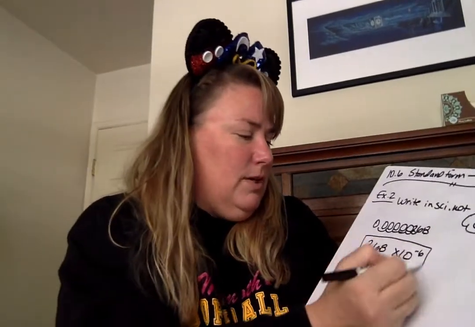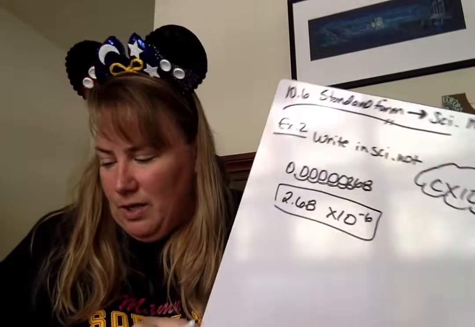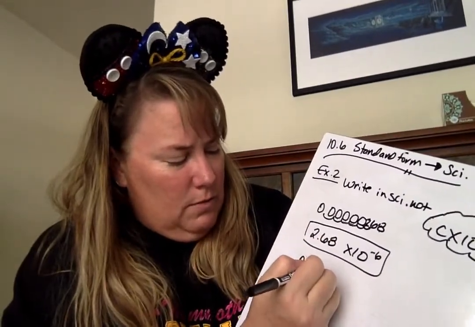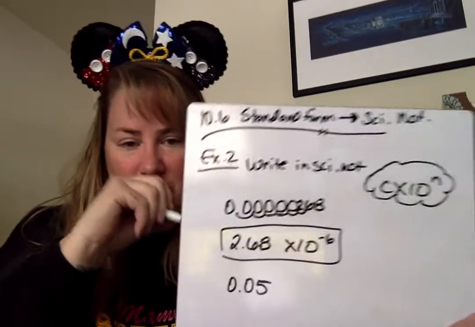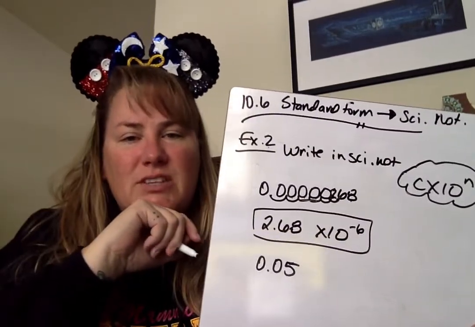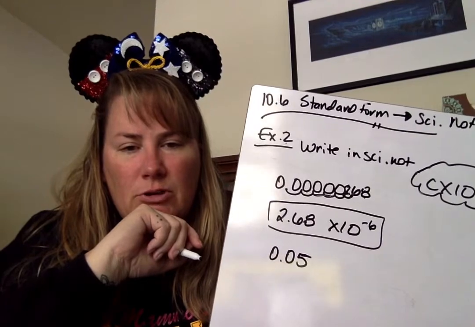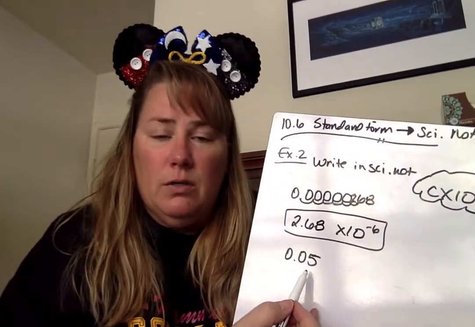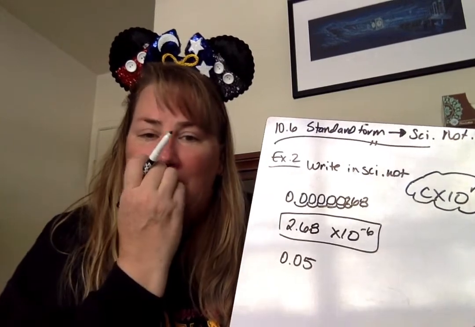Okay, I'm going to circle that one. Now I'm going to do another one. So let's go 0.05. We'll make it kind of small. Basically we're going to write 5 cents in scientific notation. First thing you want to ask, is this number less than 1 or greater than 10?